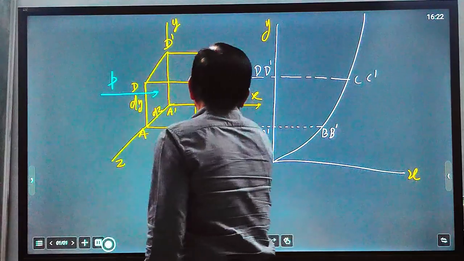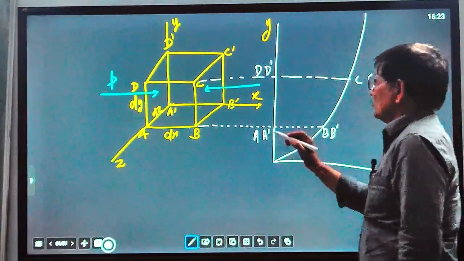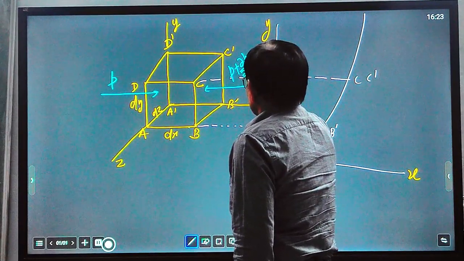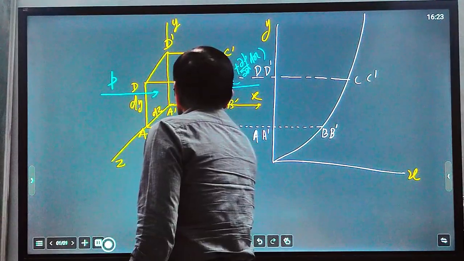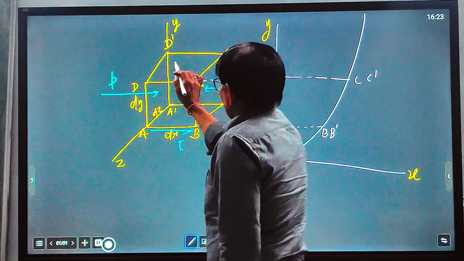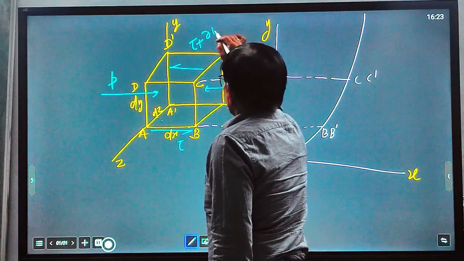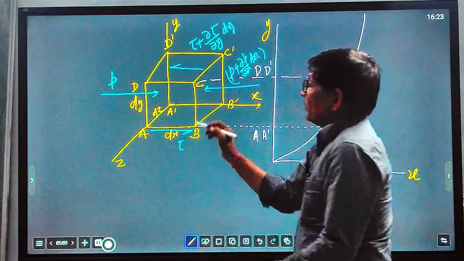So the pressure that will act on surface B dash C dash will be equal to P plus del P over del x dx. On this surface, suppose the shear stress acting is tau. When we move up, the shear stress will be tau plus del tau over del y dy, because it is a function of y.